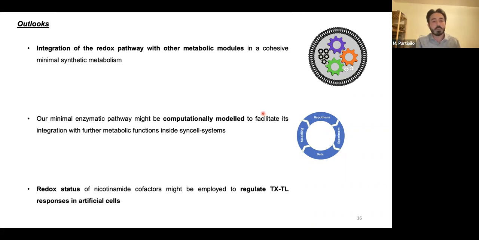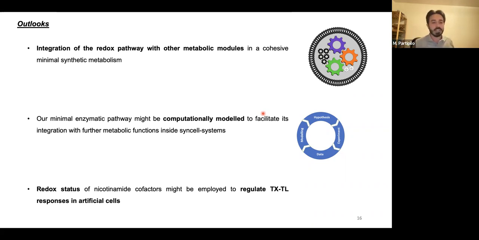The small number of enzymes might help not only for understanding properties of our pathway that we did not analyze yet, but also for thinking about integrating it in an optimal way with other metabolic functions.